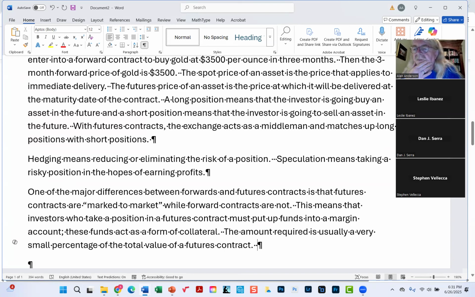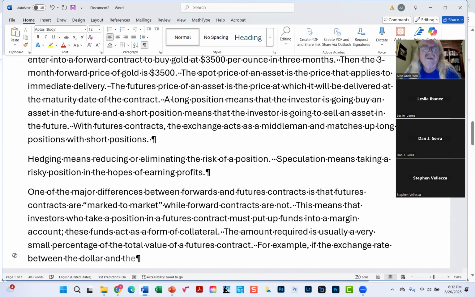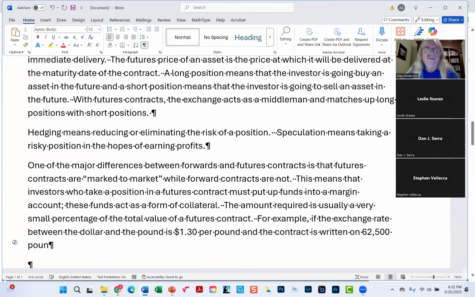In other words, like, with the British pound, for example, if the exchange rate between the dollar and the pound, let's say to keep it simple, is $1.30 a pound, and we know that the contract is written on 62,500 pounds, the total value of the pounds underlying this contract is, well, you can imagine it's going to be in the neighborhood of $100,000.